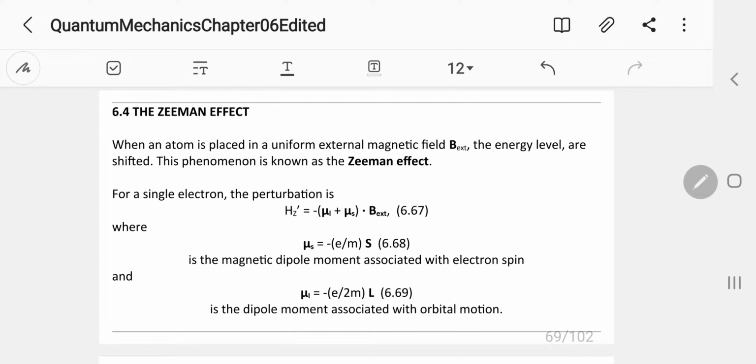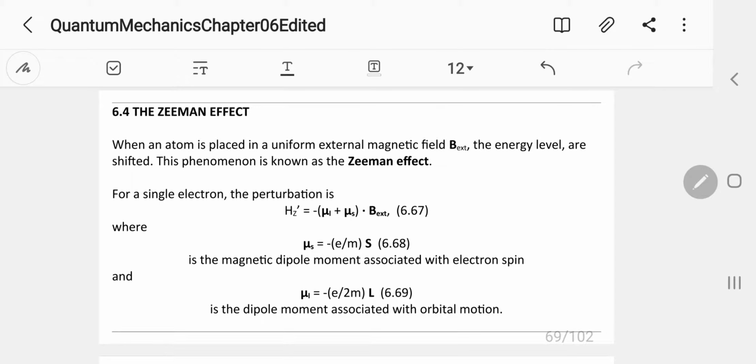The energy levels of the atoms are shifted, and you will be having the degenerate states being shifted to discrete states.